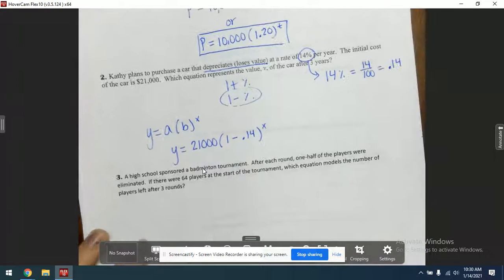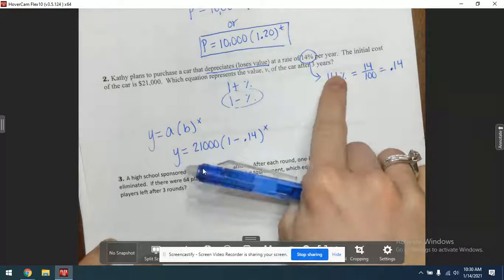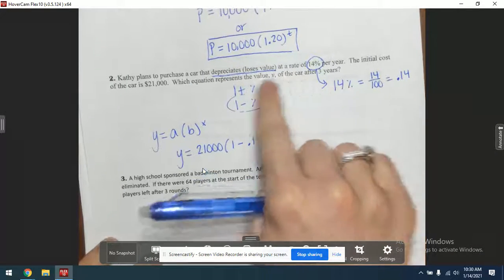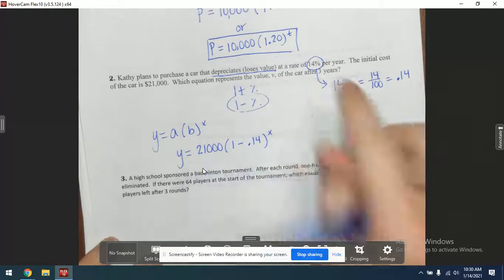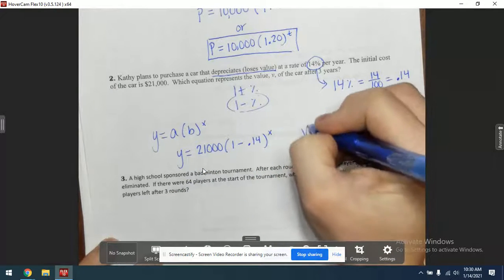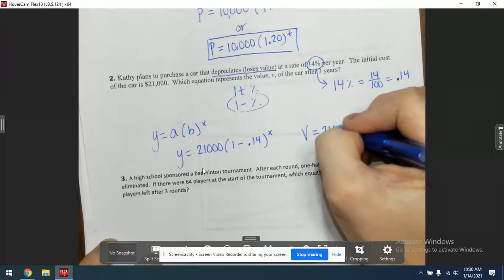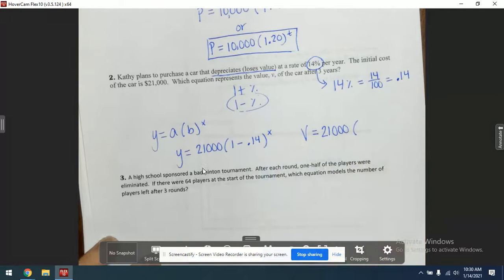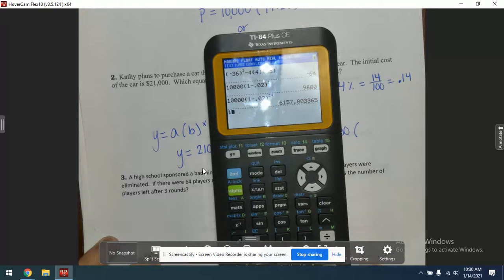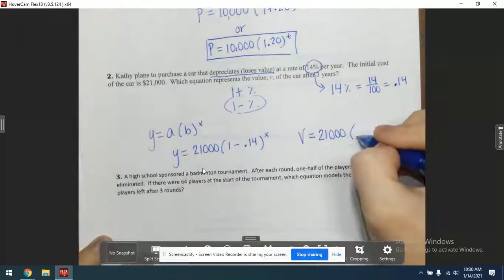Okay? So let's clean it up using their variables. And so let's see which equation represents the value V of the car after 3 years. So the value of the car equals $21,000 times 1 minus 0.14, let's just clean that up, is 0.86.